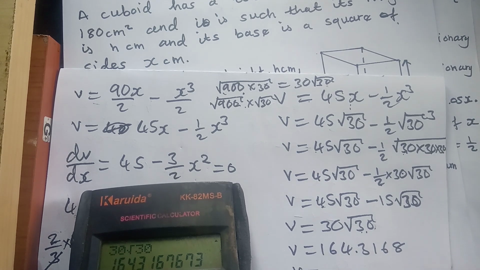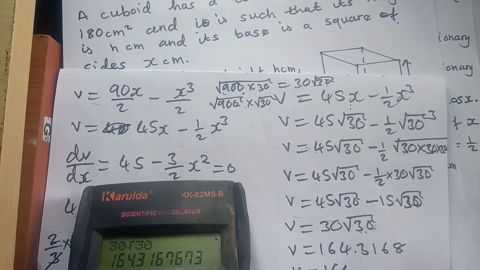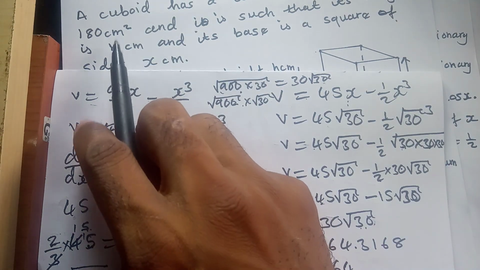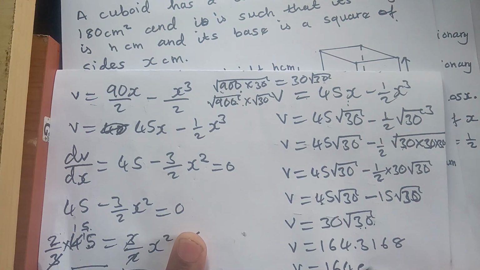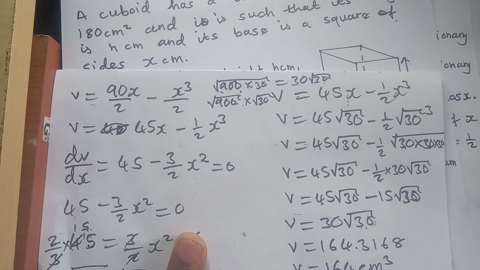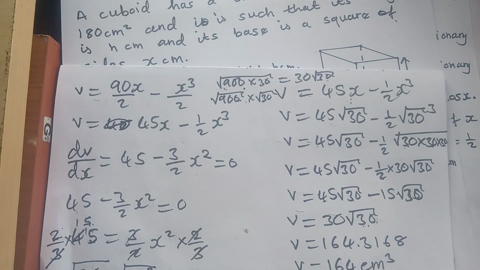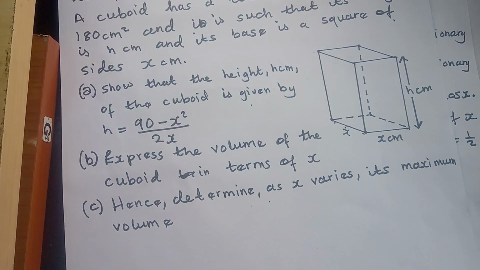Then finally you round it off correct to 3 significant figures without forgetting the units. Remember, we're dealing with centimeters, so this will be cubic centimeters. If you don't want to work with these numbers, you can just punch this on your calculator. The answer will still be the same. Okay, this marks the end of this question.